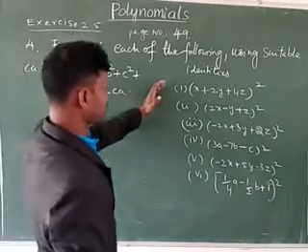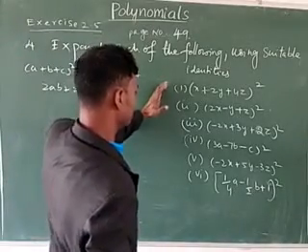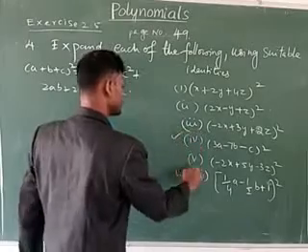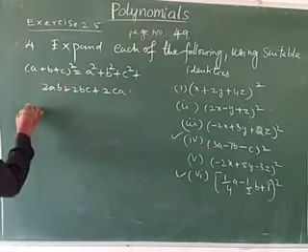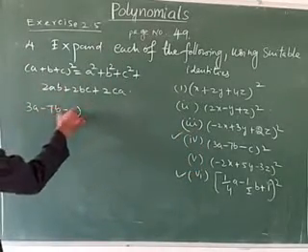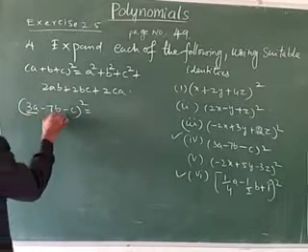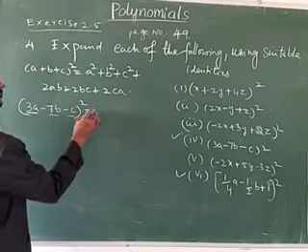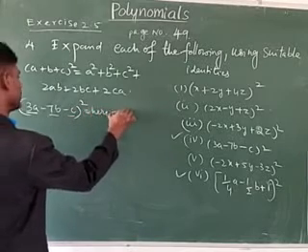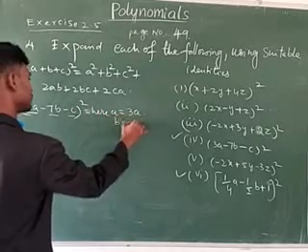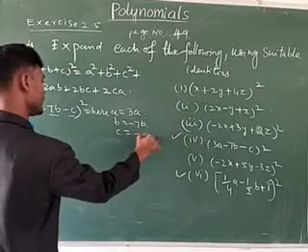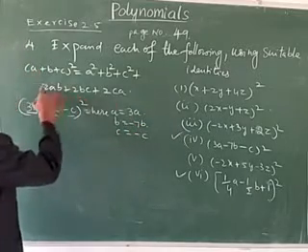First one you have to try at home, and here I will explain 2 only, that is fourth one and sixth one. Fourth one, see here 3a minus 7b minus c whole square. Here a is equal to 3a, b is equal to minus 7b and c is equal to minus c. These values you have to substitute here.